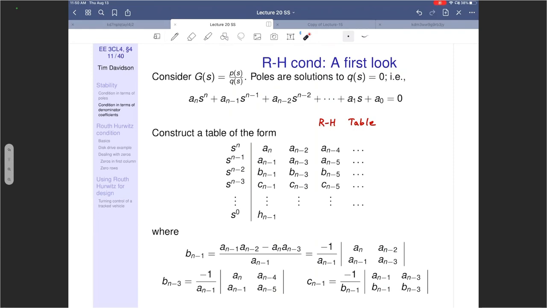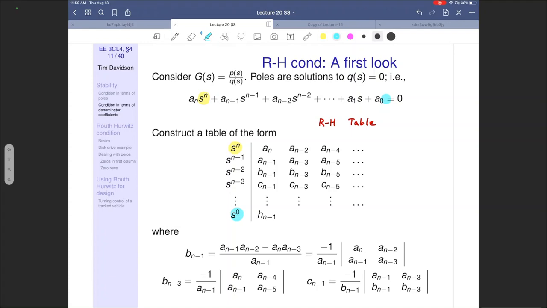The first thing I would do is on the left column here, I am going to write decreasing powers of S. I'm going to start off with the highest power that I have in my denominator polynomial, and I'm going to go down all the way to S raised to 0, the constant.